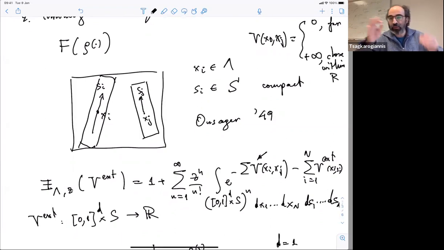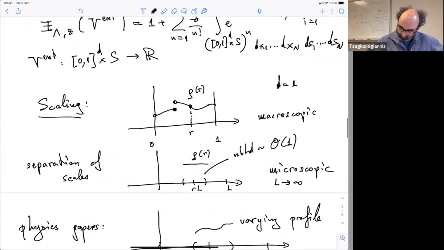But if I put also the orientations, it's more complicated. Actually, this is an amazing paper where he did in the appendix the calculation of the excluded volume of the cylinders, and it's an interesting, non-trivial calculation. He did that explicitly, and this is the beauty of these old papers.